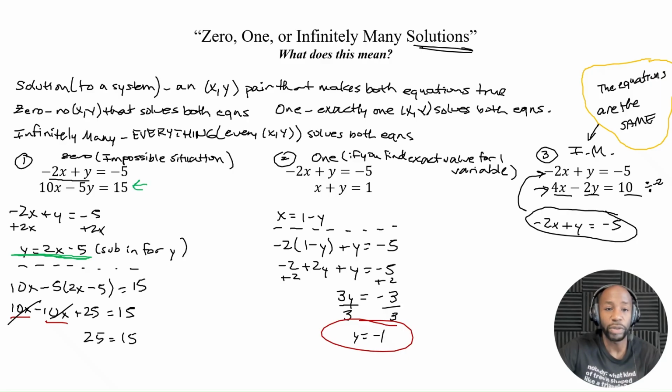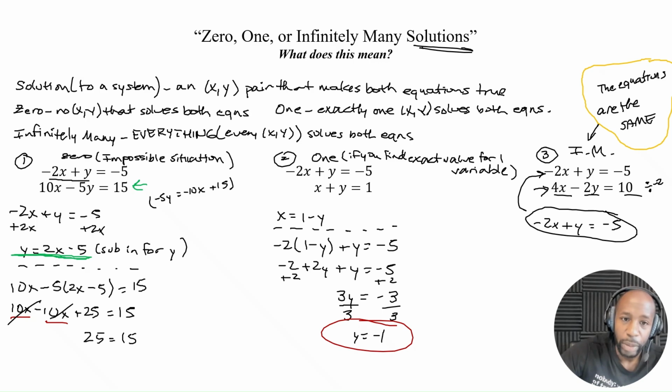Now, let's solve this one for y as well. So that becomes, let's see. That's going to be negative 5y equals negative 10x plus 15. You divide the whole thing by negative 5.